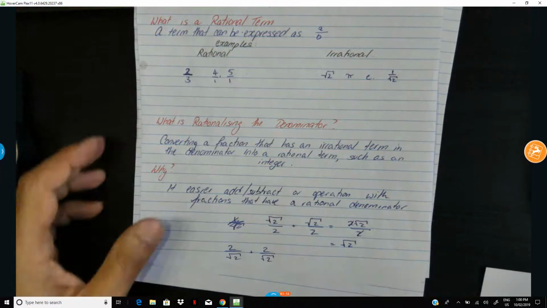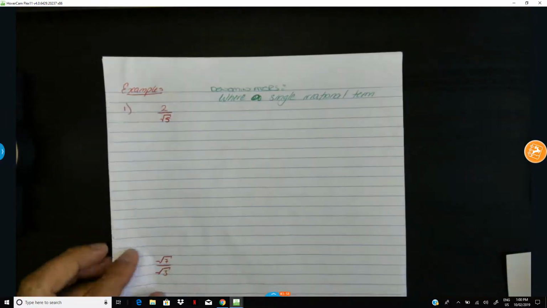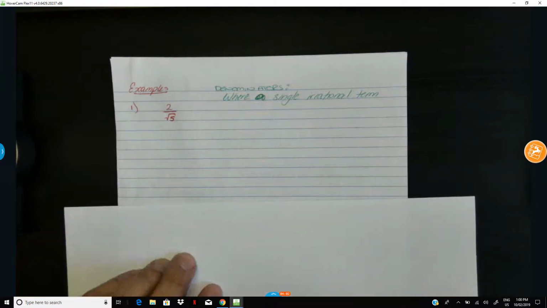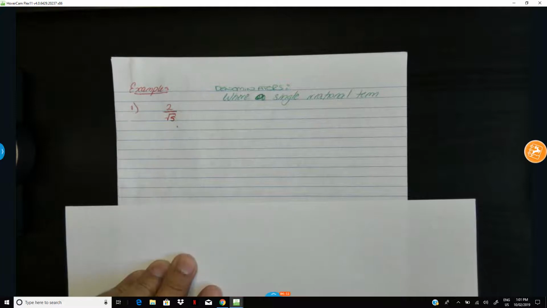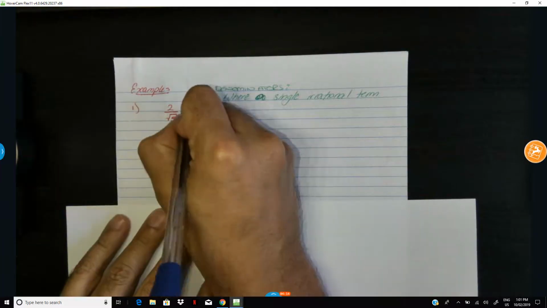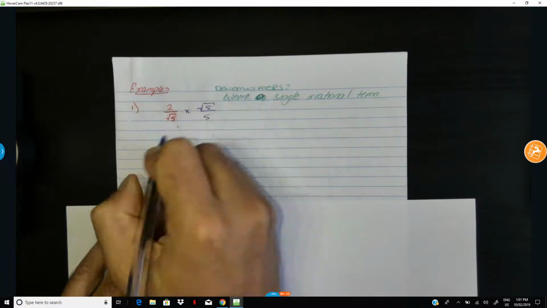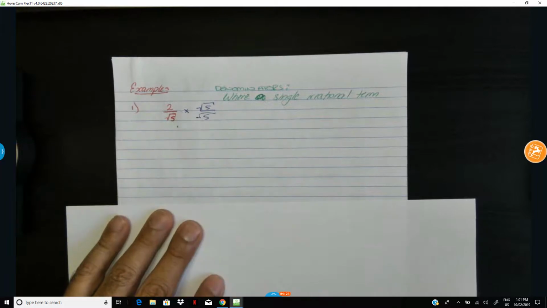Okay, so let's do some examples. So we're going to rationalize this, 2 over square root 5, and obviously this is an example where there is a single irrational term on the bottom. And the way we do that is we're going to multiply this fraction by square root 5 over square root 5.